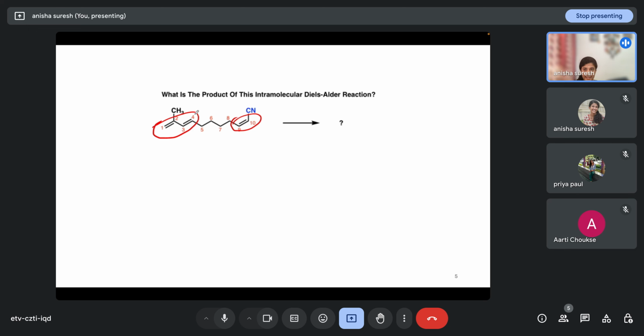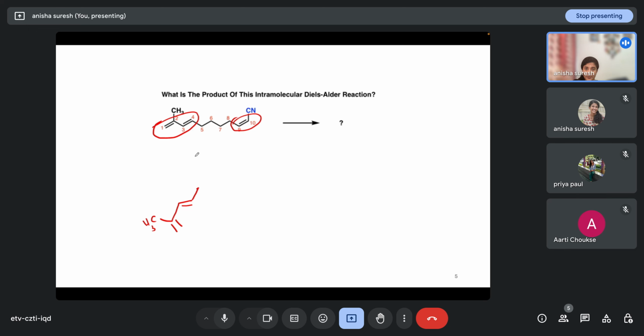So now it is as trans geometry. We have to draw it in such a fashion that it will come in cis geometry. So this is the CH3 and these groups are coming trans. Okay.